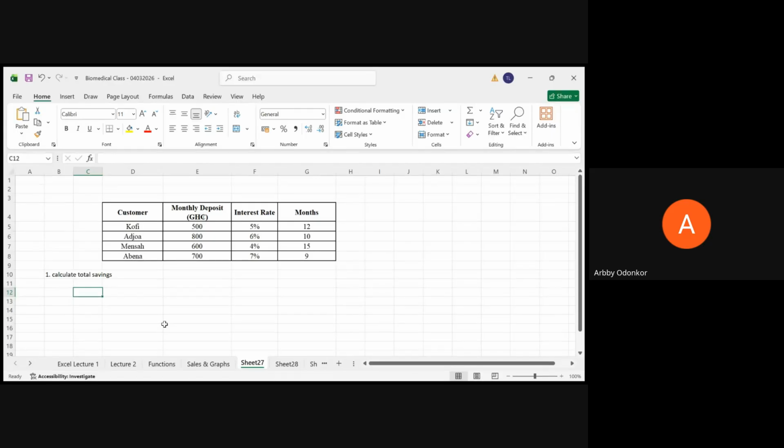Then you get the total savings for everyone for the month. If your boss asks how much did Kofi bring, how much did Amma bring, how much did Adwoa bring, and how much savings did we get this week, you have to do the individual one, and then you add, right? Good.